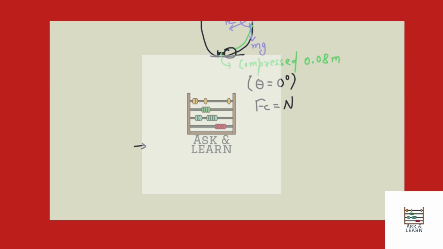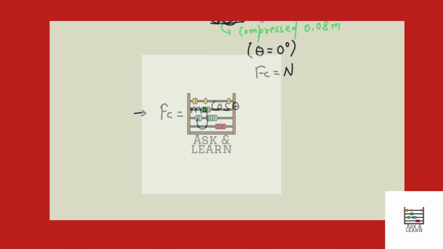We can use the equation for the centripetal force, Fc is equal to mg cos theta, where Fc is the centripetal force, m is the mass of the ball, g is acceleration due to gravity, and theta is the angle between the vertical and the line connecting the center of the track.